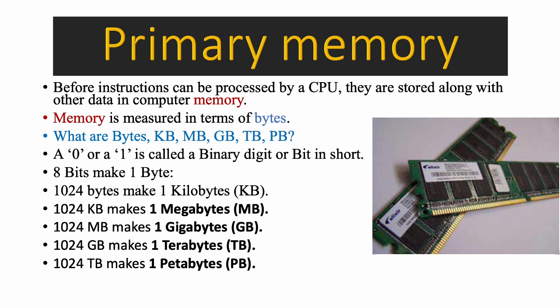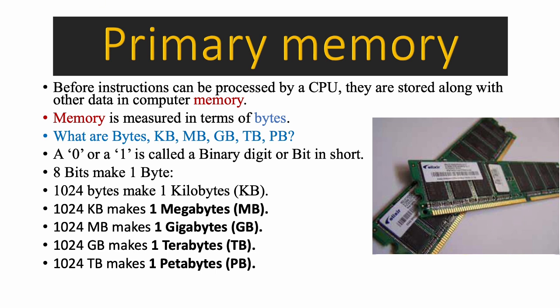As we know, as a machine, computers understand zeros and ones, which is called a binary digit, or bit, B-I-T. We take B-I from binary and T from digit. In short, 8 bits make 1 byte. Each 8 bits is considered 1 byte.